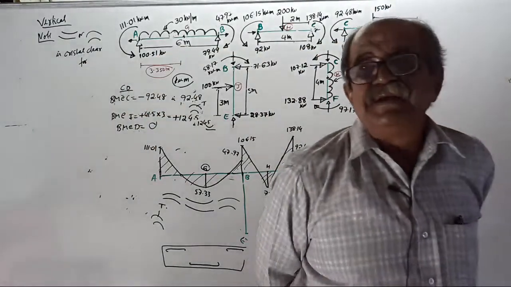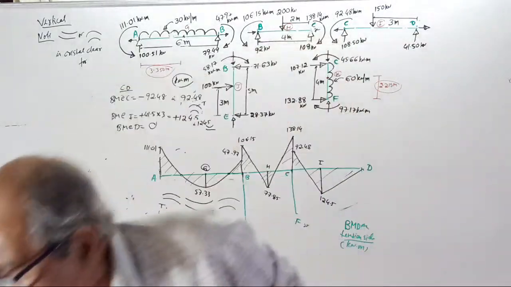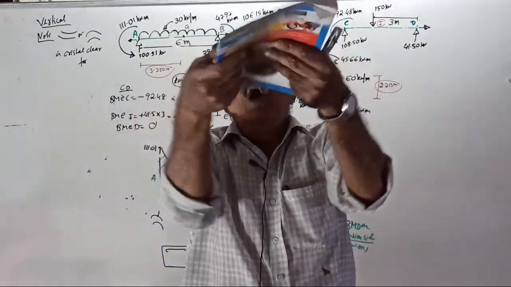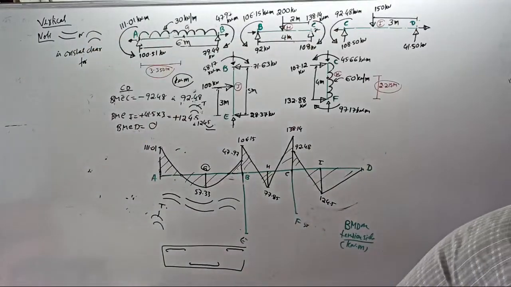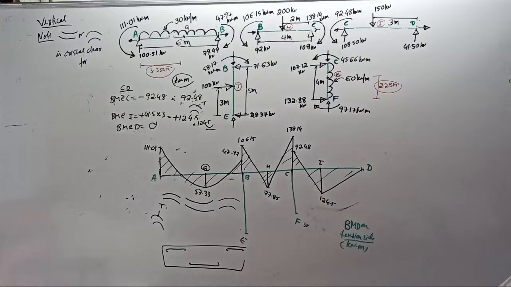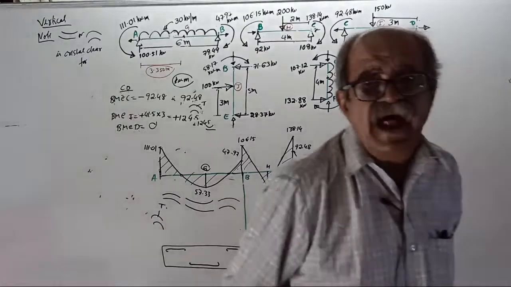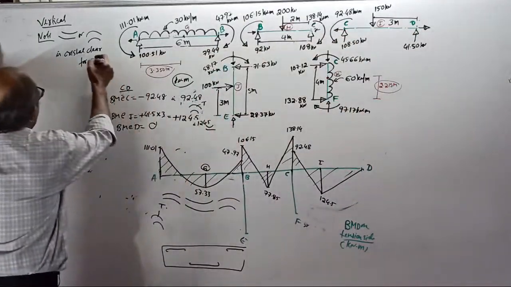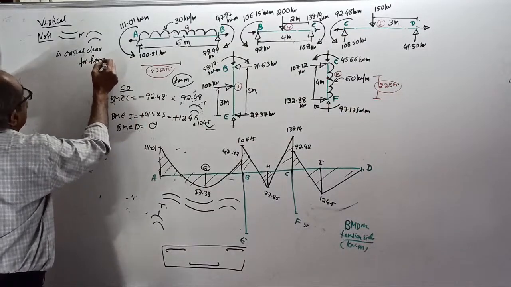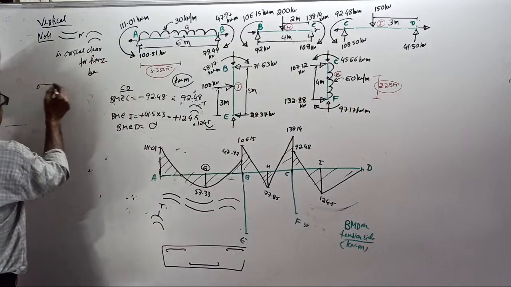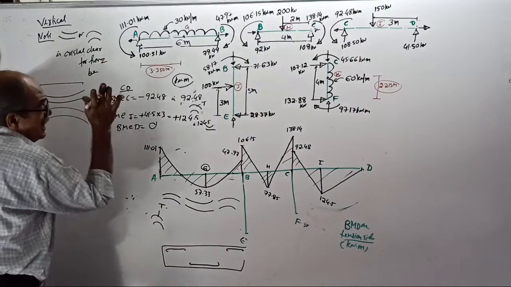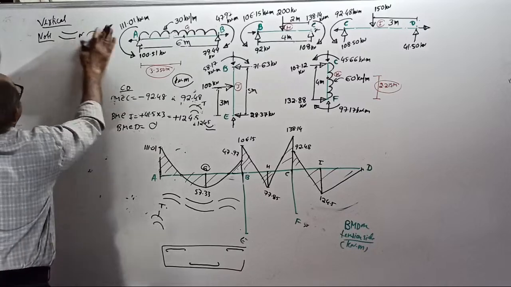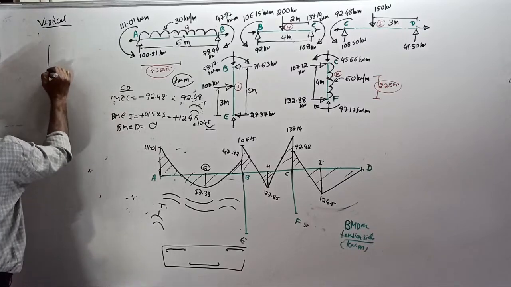The term sagging or hogging is crystal clear for which member? For the horizontal member, that is horizontal beams. See, a beam, sag or hog, crystal clear. Now, when you consider a vertical member, see the problem.